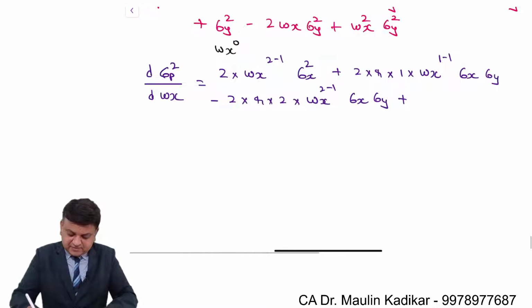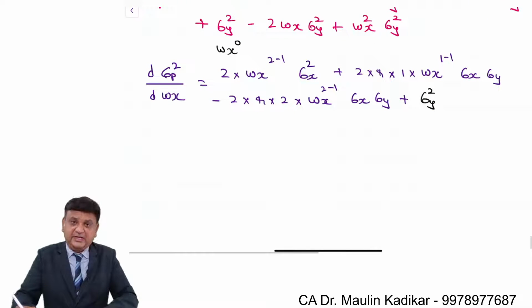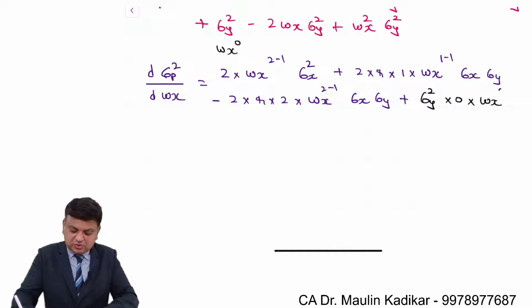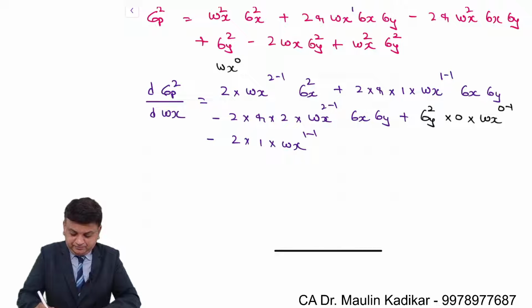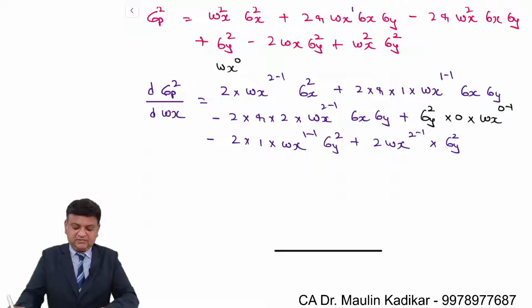So what will happen, it is variance of y into 0 into wx raised to 0 minus 1, minus 2 into 1 into wx raised to 1 minus 1 into variance of y, 2 into wx raised to 2 minus 1 into variance of y. This is the way we have the differentiation formula to be applied.